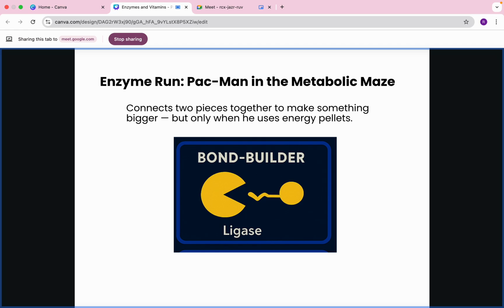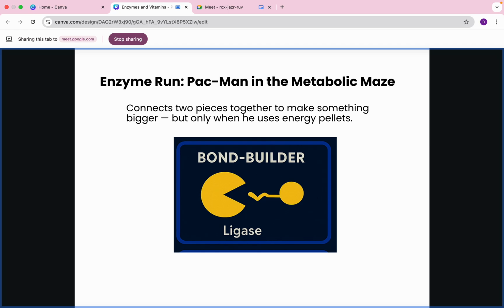So from earlier, we said that from a bigger molecule breaking down into smaller molecules. So now we are going to piece two molecules together to make something bigger. So let's say this Pacman mode rearranges these dots into new patterns without adding or removing anything.